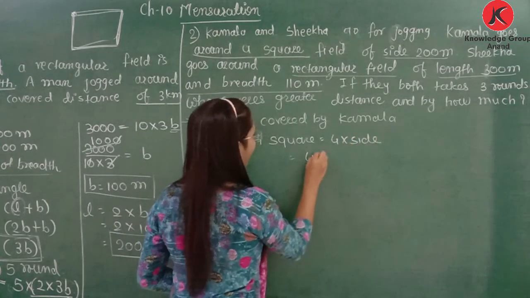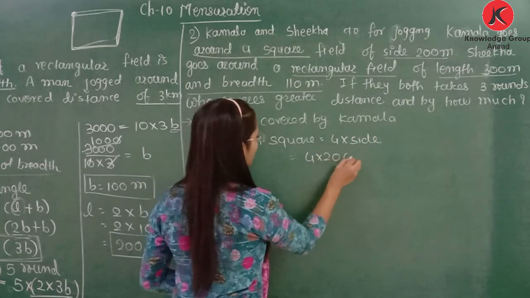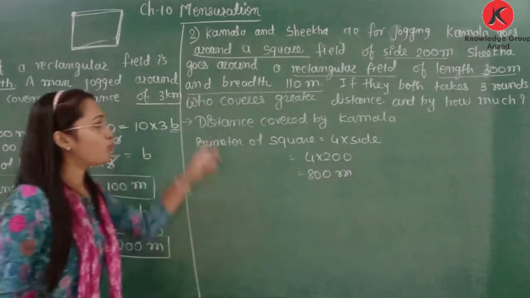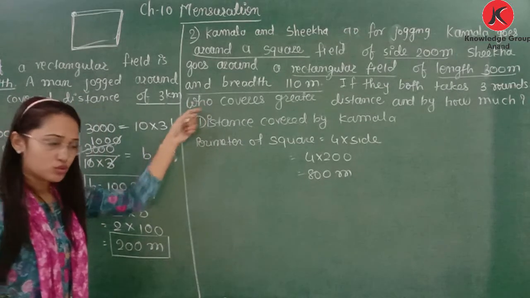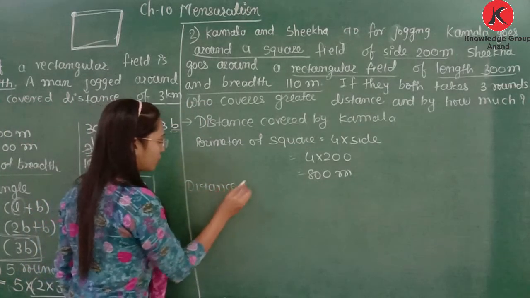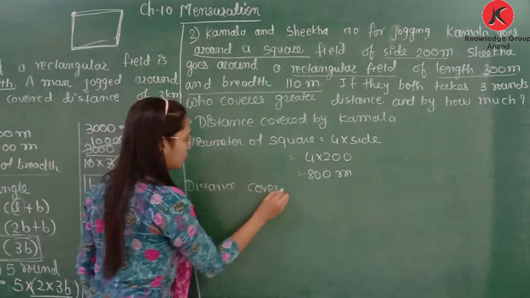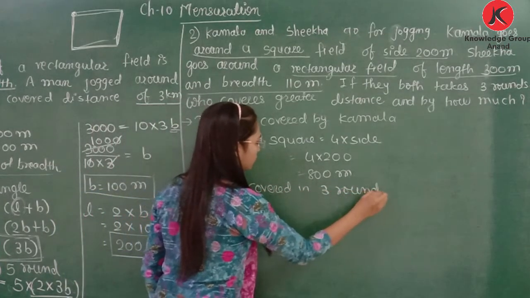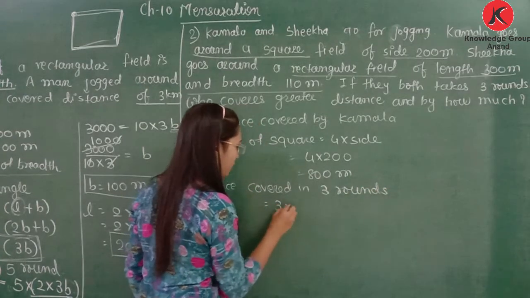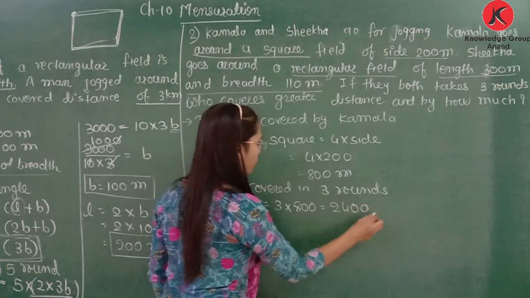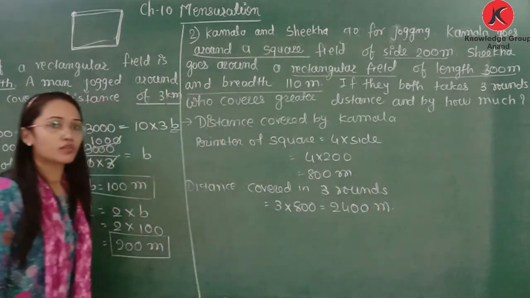Side of square is 200 meters, so it is 800 meter. But both of them take 3 rounds. So distance covered in 3 rounds, that is 3 multiply 800, 2400 meter.